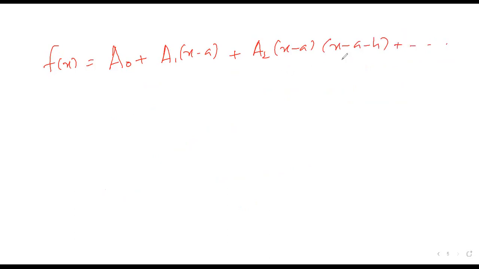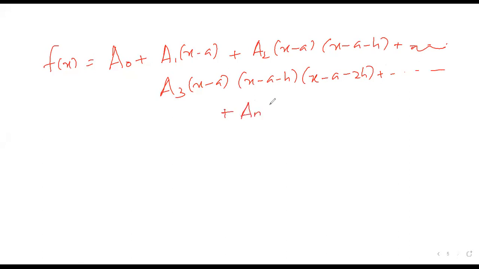Sorry, I can write the a3 as well: a3 times (x minus a)(x minus a minus h) times, what do you think? The next one will be (x minus a minus 2h). And then it continues up to the nth point, an, times (x minus a minus h).